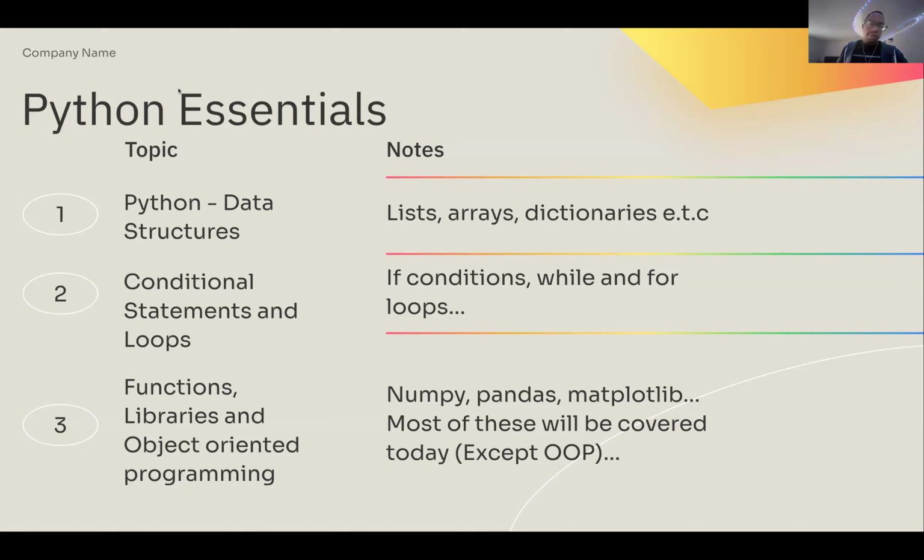Once you have Python data structures and loops, you then want to broaden that, and you need to learn functions. Functions are basically just when you want the computer to remember what you're telling it to do. And then you'll have libraries, which are basically functions that people have made for specific purposes. They've spent a lot of time making these codes. We'll see a lot of those today as well.